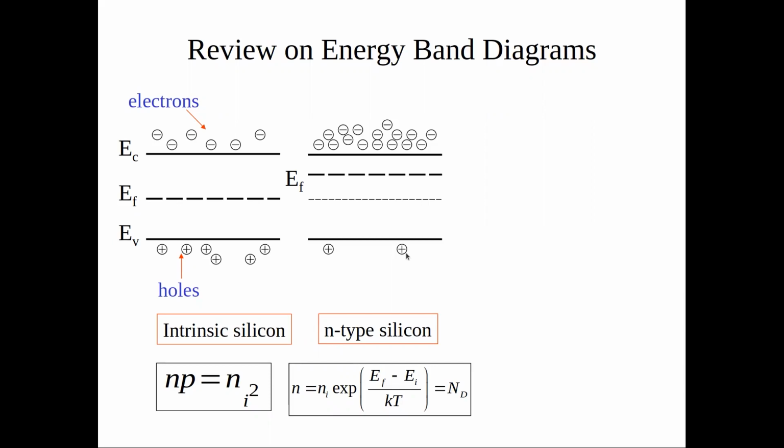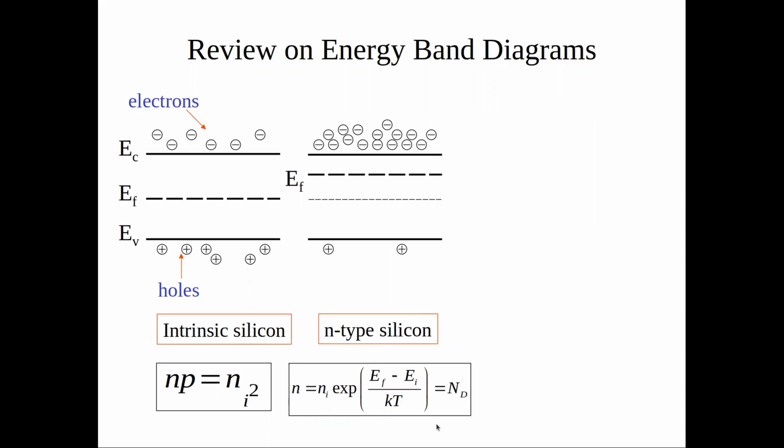And you can actually derive that it is proportional to this exponential of the difference between the Fermi level and what would be the intrinsic Fermi level. So this difference, if you take the exponential and multiply, gives you the extra amount of donors that you have, or mobile carriers.